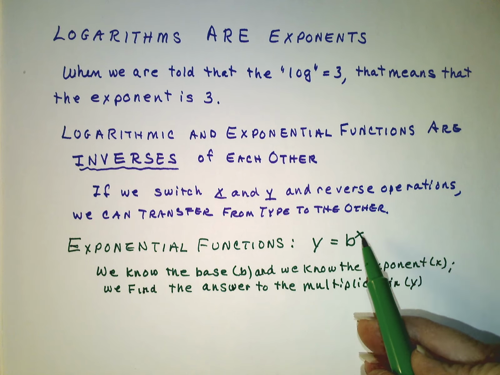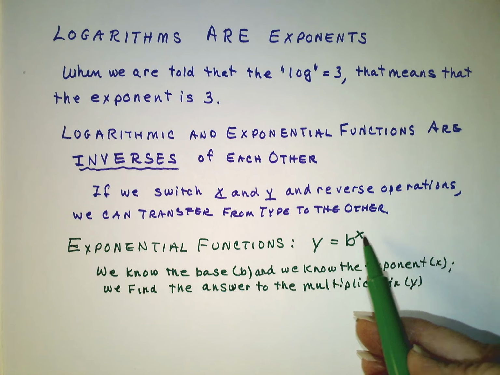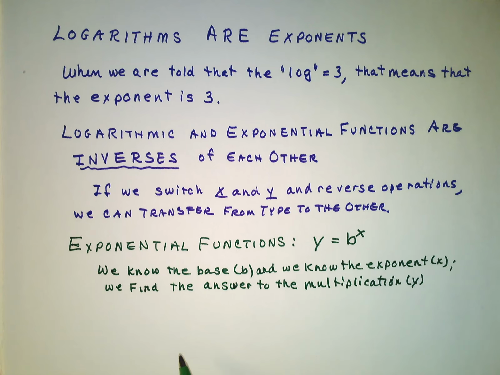So if we know the base and the exponent we're using, we multiply that base however many times we need to, and we get the answer to the multiplication.